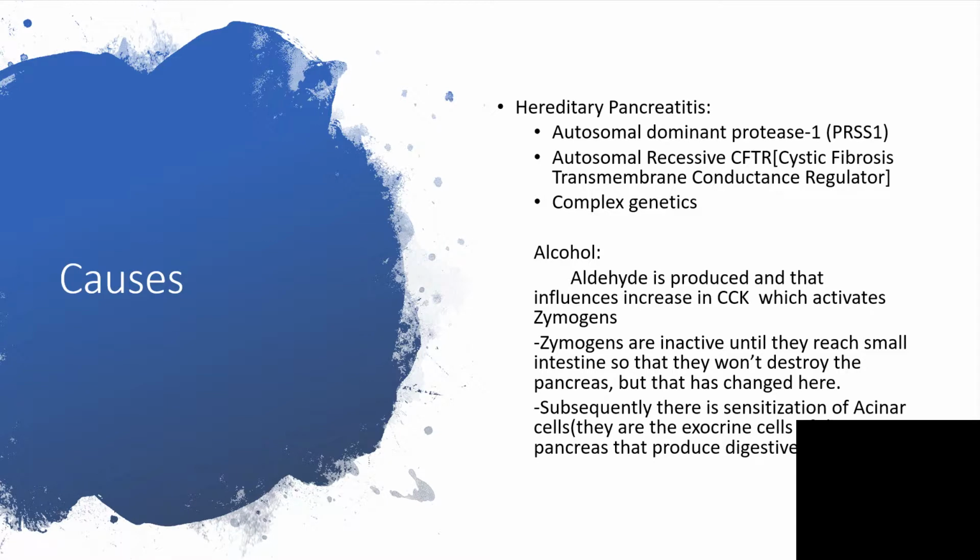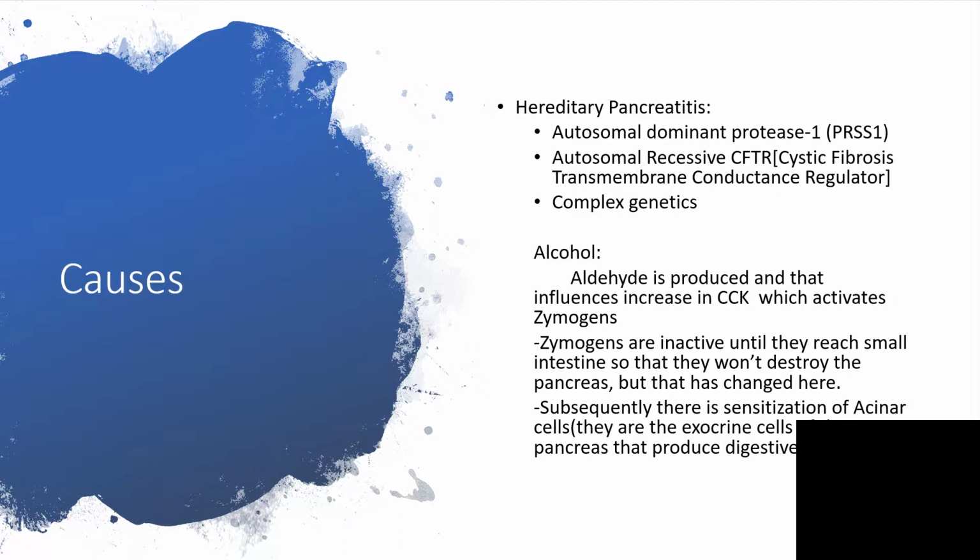Why? The aldehyde is produced when alcohol is consumed, and that will influence cholecystokinin. Cholecystokinin, unfortunately, can activate the zymogens. The zymogens are not expected to be active until they reach the small intestine. But in this case, alcohol will facilitate activation of zymogens while still in the acinar cells.